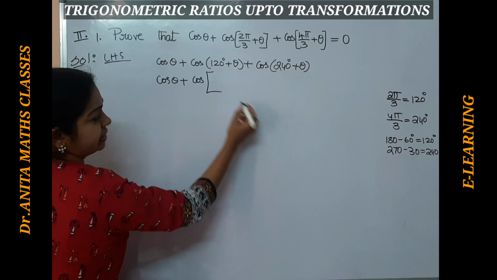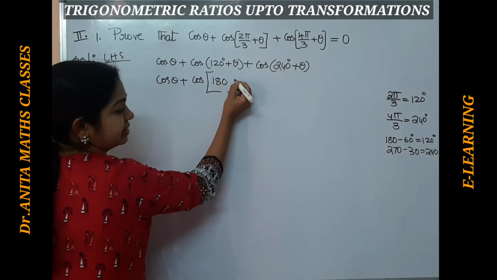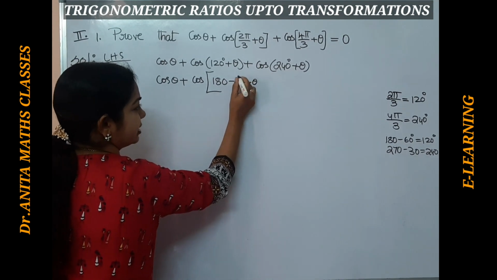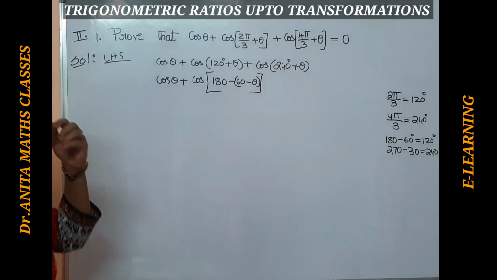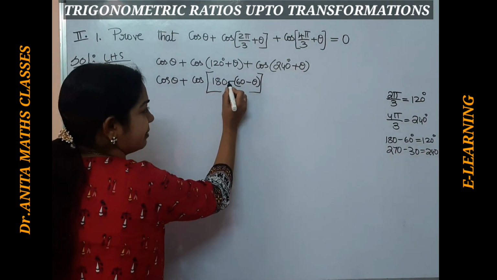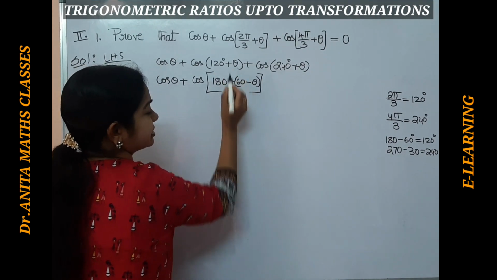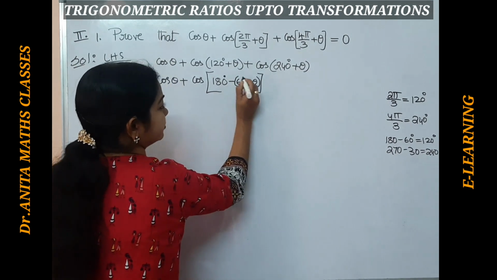Here, 120 I'll write as 180 minus 60 minus theta. This becomes minus if you are taking this into the bracket. So this is 180 minus 60, minus into minus, plus theta. So 180 minus 60 is 120 plus theta. So I have written 120 plus theta in this form.